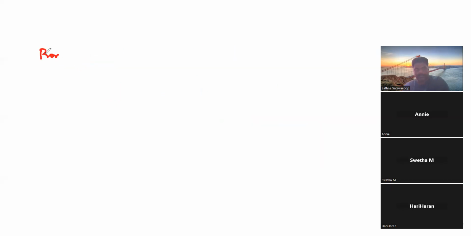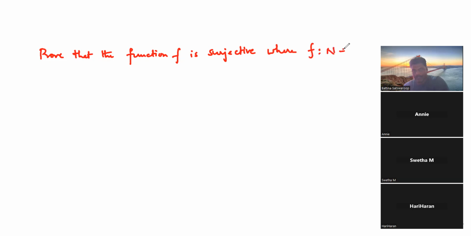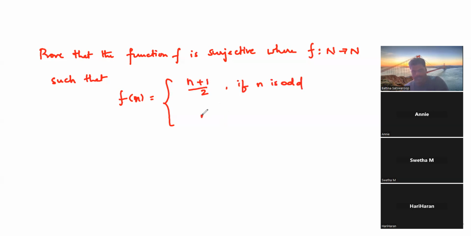Prove that the function f is surjective, where function is from natural numbers to natural numbers such that f of n is equals to n plus 1 by 2 if n is odd, n by 2 if n is even.